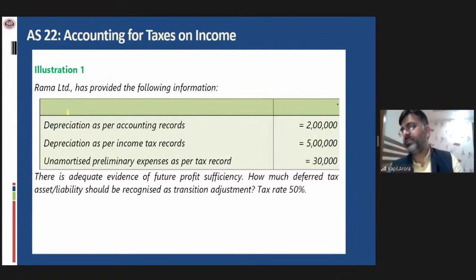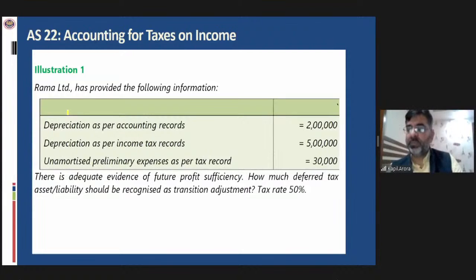So Prakash, as I discussed, whenever we have a deferred tax asset, it means something which is going to be saved and recovered. Now, to save or recover, you should have enough profit in the future with which the deferred tax asset can be reversed. If you won't have the profit in the future, from where are you going to save the money?